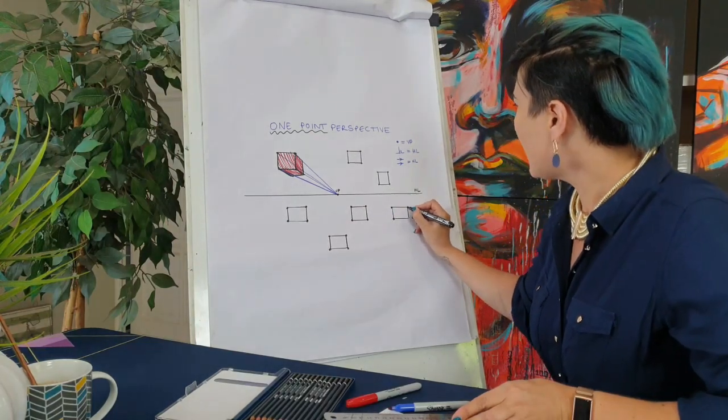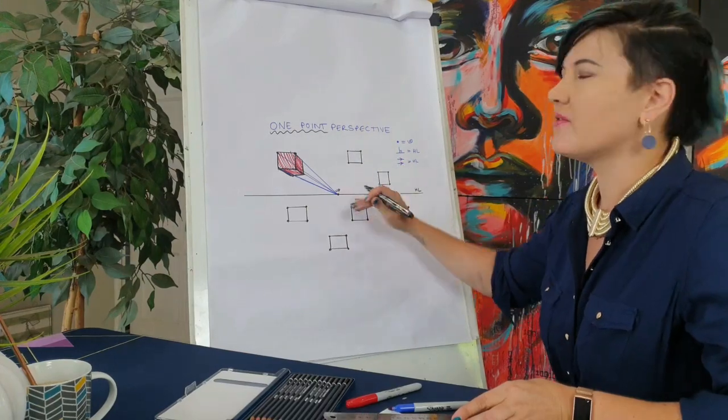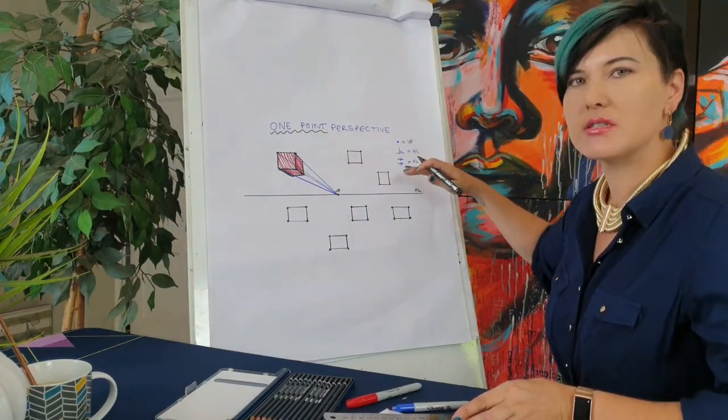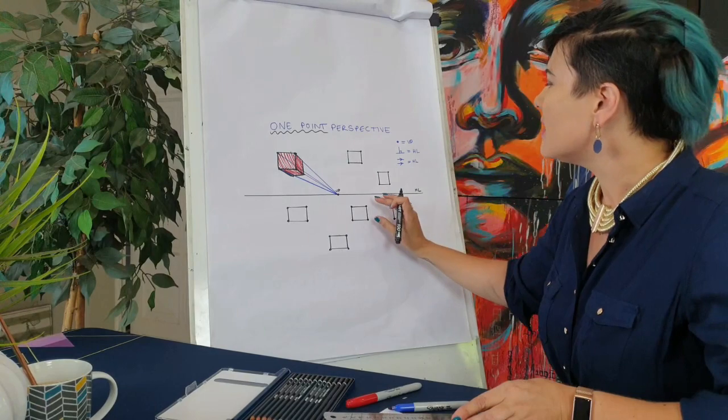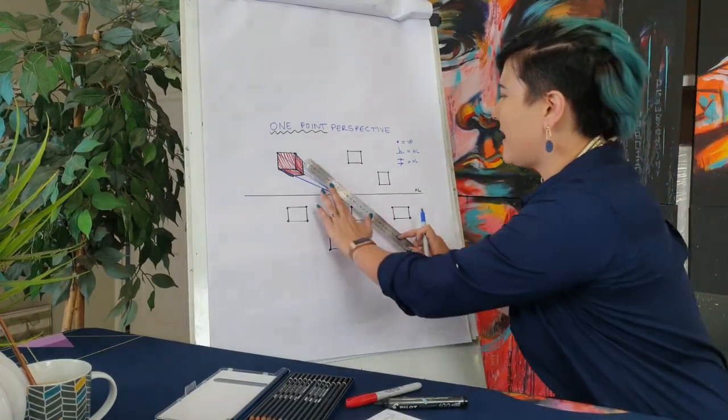So we have applied 2 of our rules so far. We've kept all our vertical lines perpendicular. We've kept all our other lines horizontal, parallel. And now we need to apply the third rule, where each point goes to the vanishing point.